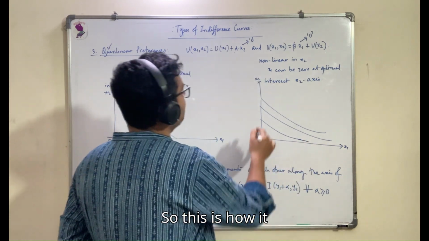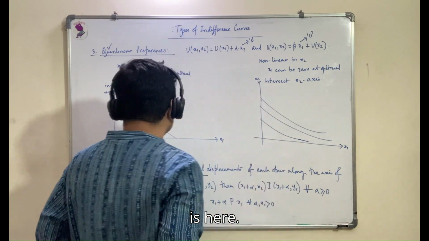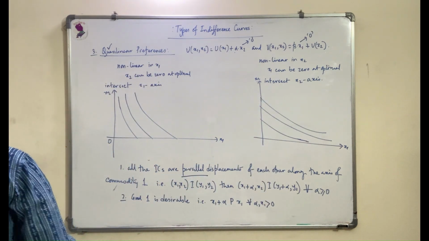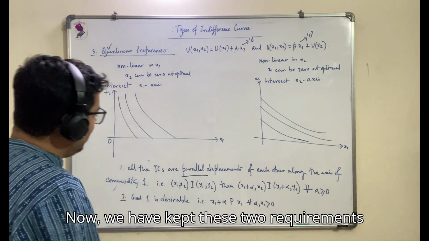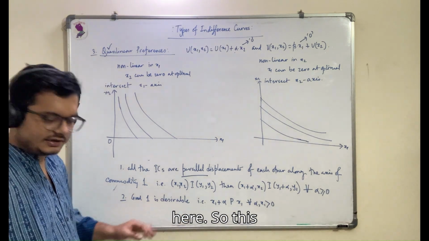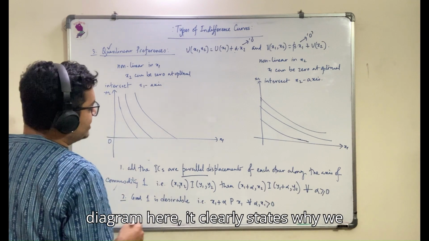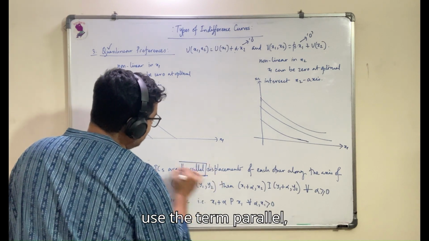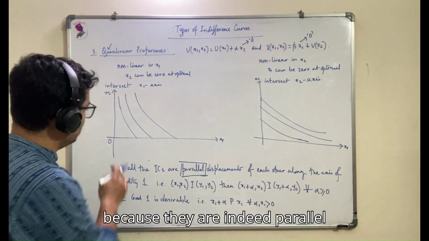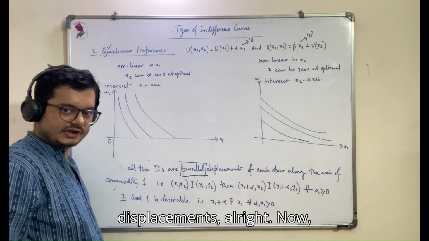So this is how it is here. Now, we have kept these two requirements here. So, this diagram here clearly states why you use the term parallel, because they are indeed parallel displacements.